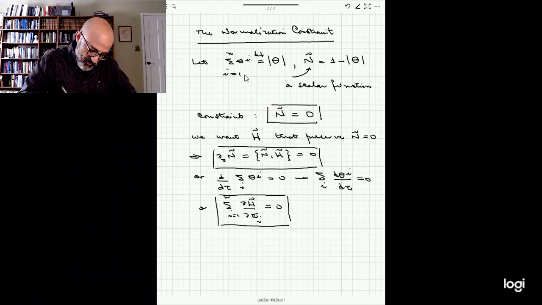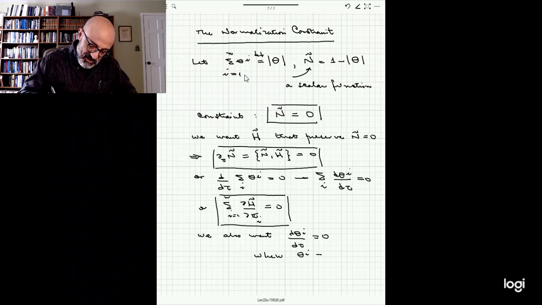So we also want the probability velocity to vanish whenever the thetas vanish.